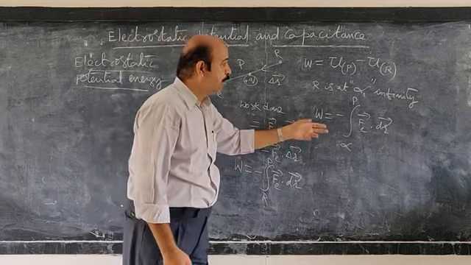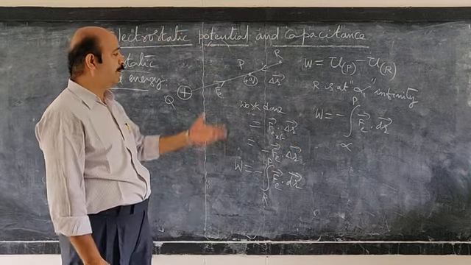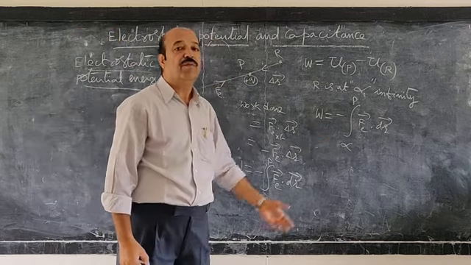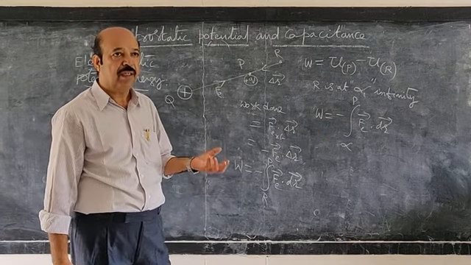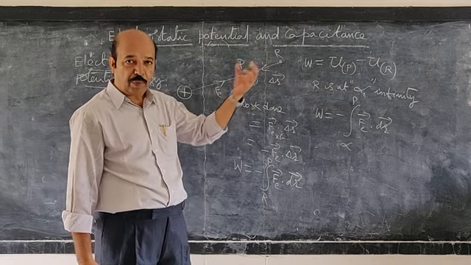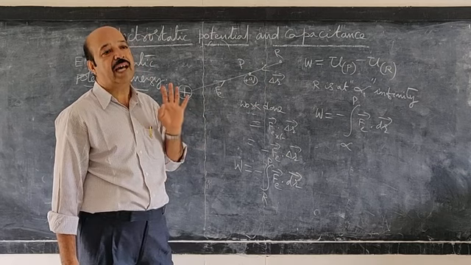In this way, the potential energy of a charge at a point in an electric field is defined as the work done in bringing the charge from infinity to the point under consideration without acceleration.